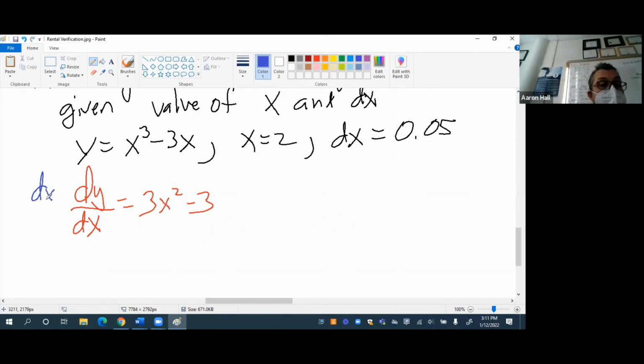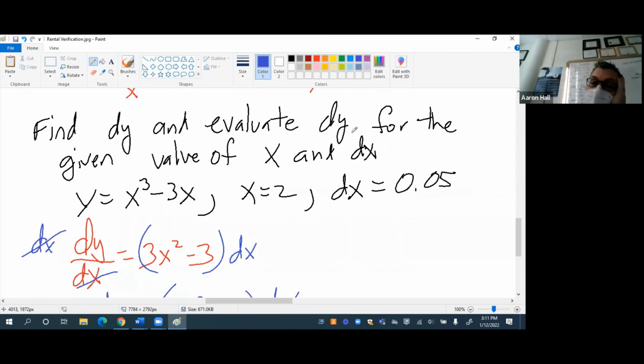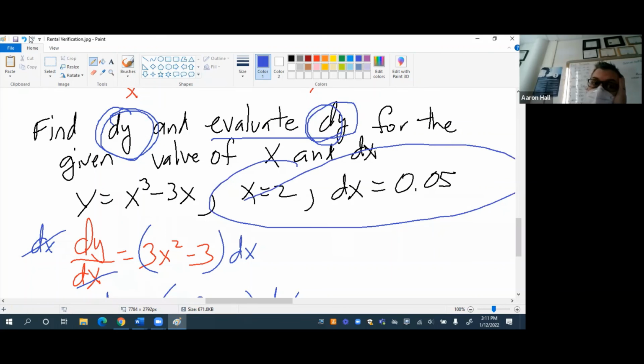Yeah, multiply both sides by dx. So dy equals 3x squared minus 3 times dx. It says find dy, I did. Now I need to evaluate dy for these values here.